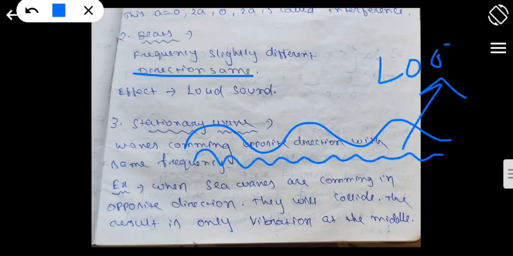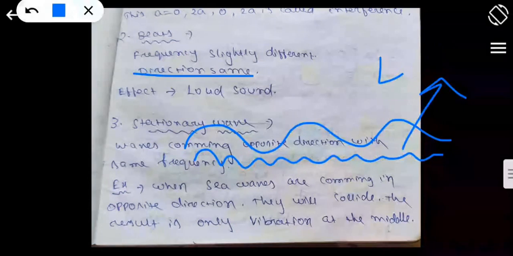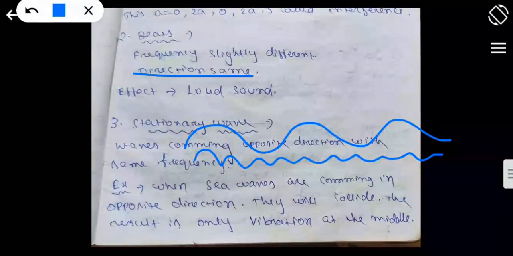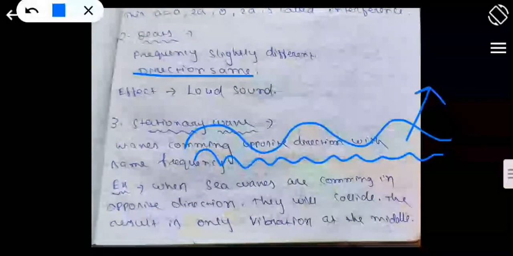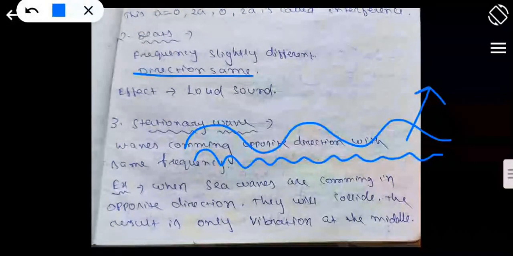Why is it a loud sound? Because, as with interference, one slow frequency sound plus one rapidly repeating frequency sound, if they add up, are going to produce a loud sound.